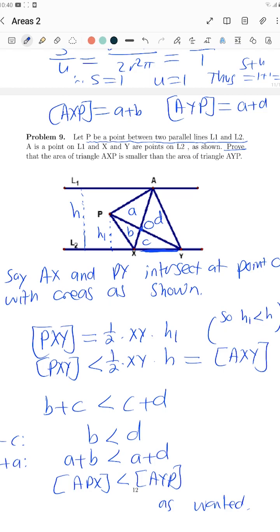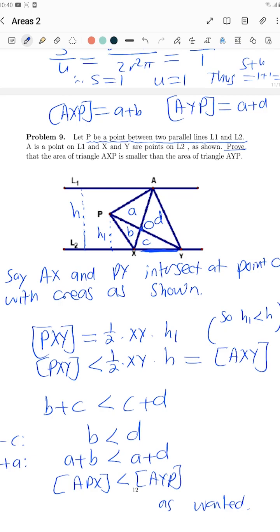Even though we did not know the values of A, B, C and D, by the properties of this diagram, especially knowing that point P is between the two parallel lines, we were able to show why the area of AXP is less than the area of AYP. So a neat little problem, a neat little proof of why it is so.